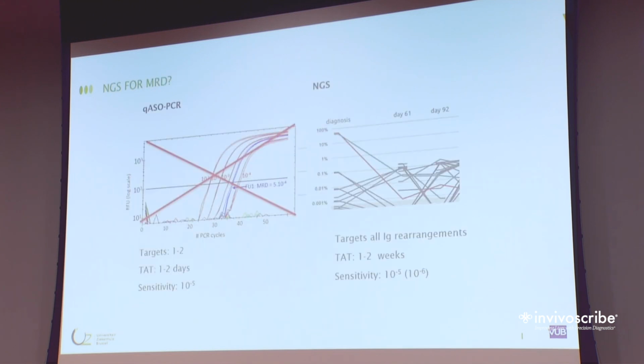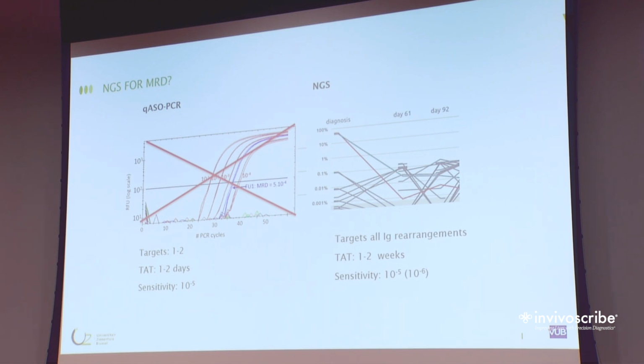So we wanted to use NGS for MRD. So we want to skip all these ASO-PCR techniques by NGS. It's the same situation. You have to amplify the follow-up sample in the same way as you do the diagnostic sample. And then you have to sequence very deep.